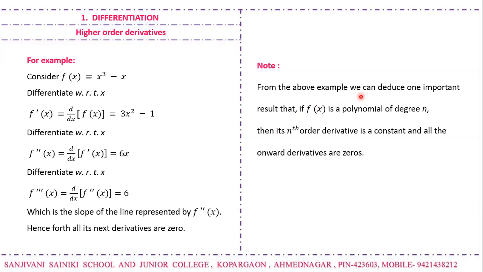So from the above example, we deduce one important result: if f of x is a polynomial of degree n, then its nth order derivative is constant. Here it is a polynomial of degree 3, so its third order derivative is constant, and all the derivatives onward are 0.